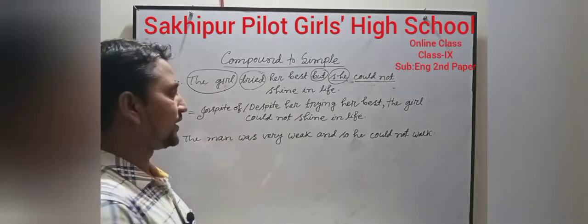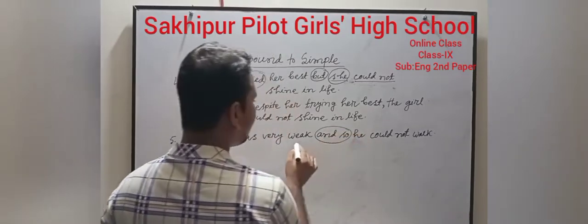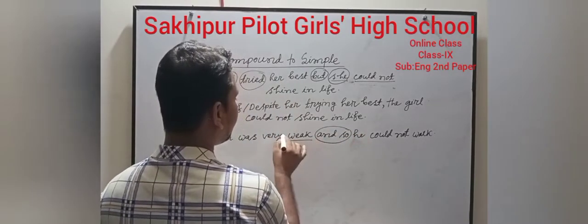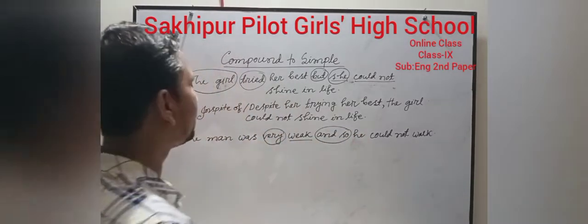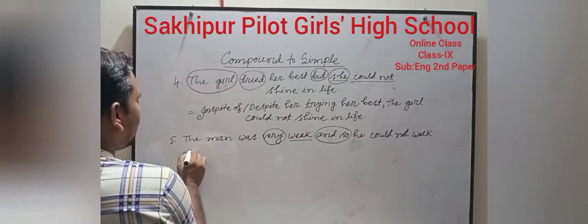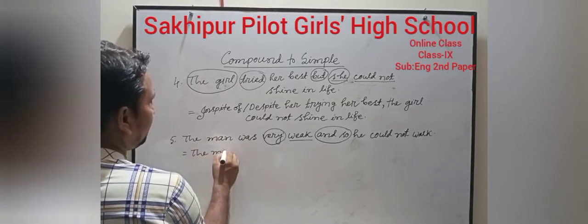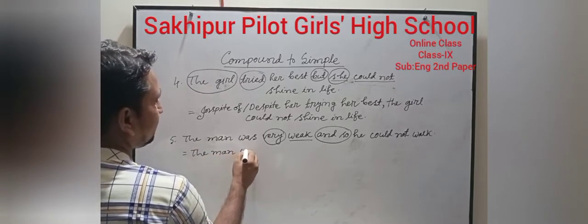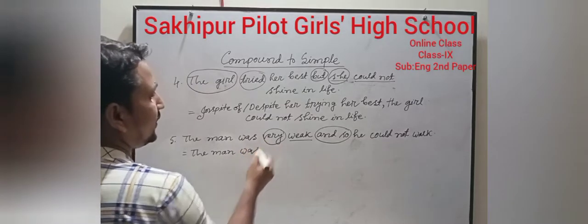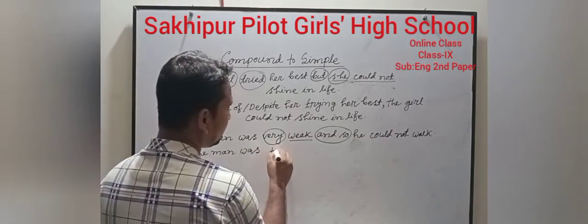You can see here the conjunction "and so", and before the adjective there is "very". If you want to change into a simple sentence, then you have to write the subject and verb the same. Instead of "very", you have to write "too".